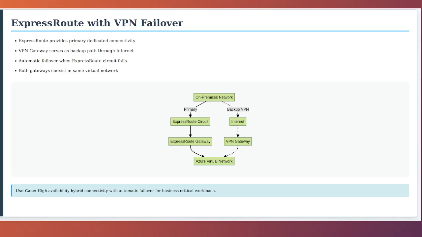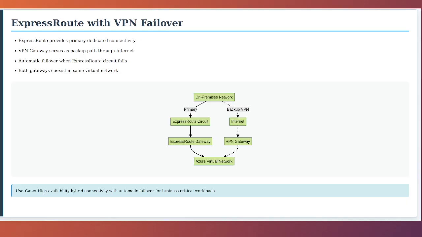Both gateways connect to the same virtual network, and Azure's routing infrastructure automatically manages failover between them. During normal operation, the thick arrow shows traffic flowing through ExpressRoute, while the VPN tunnel remains in standby, indicated by the dashed line. When planning this architecture, carefully consider bandwidth requirements.